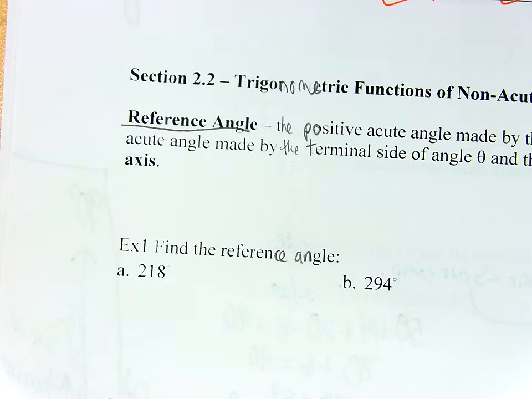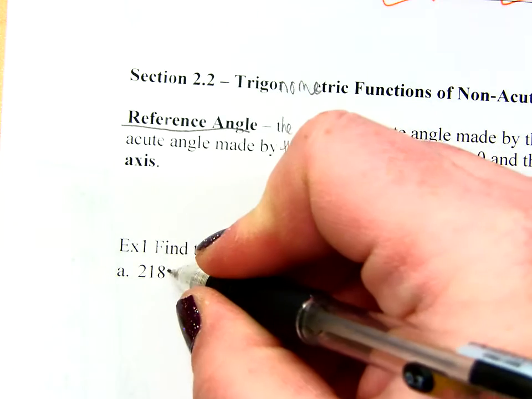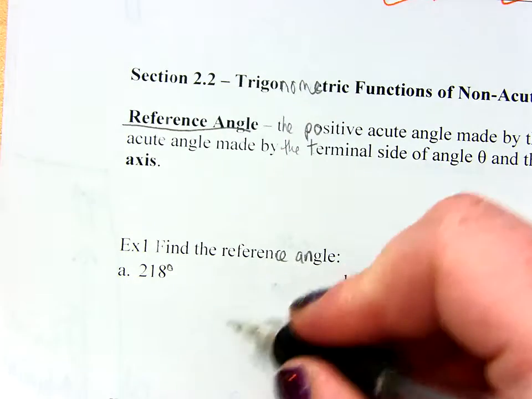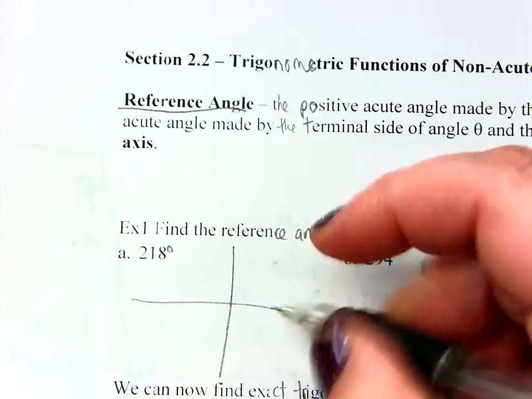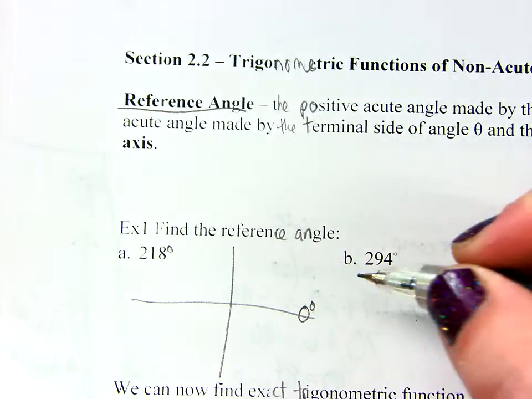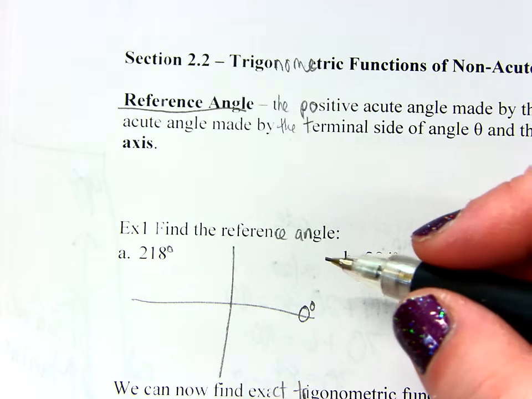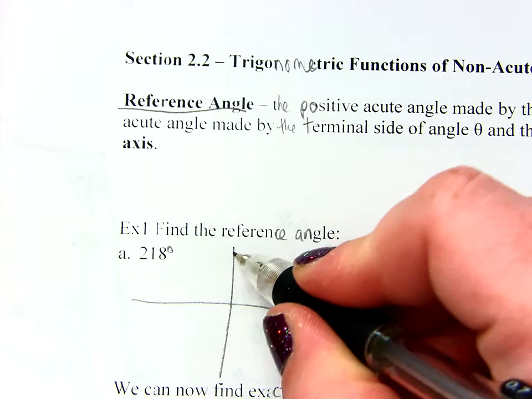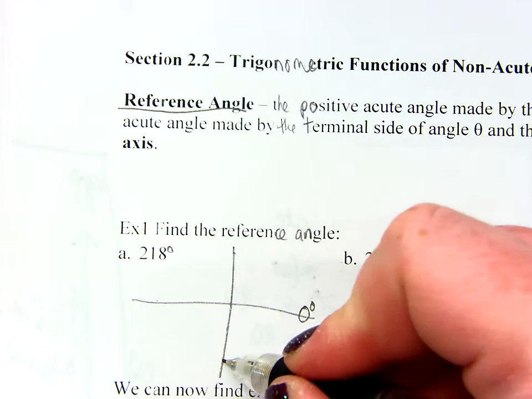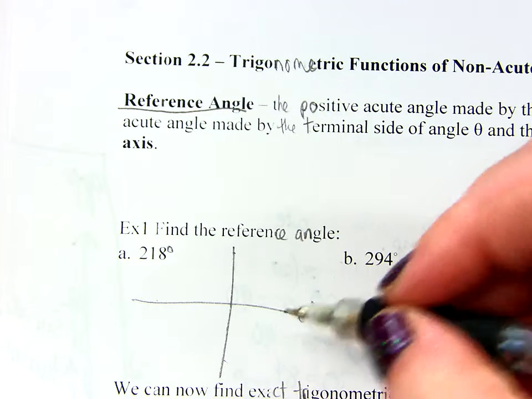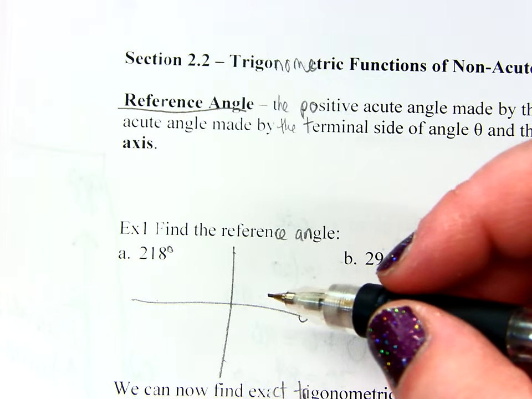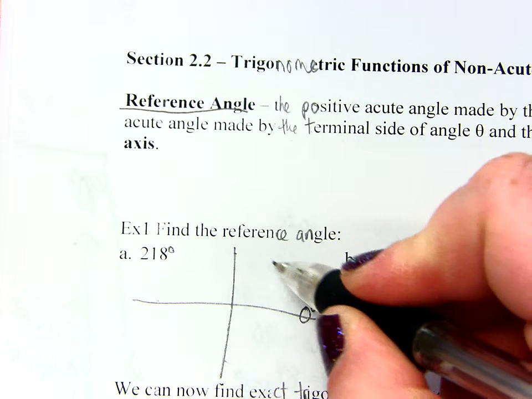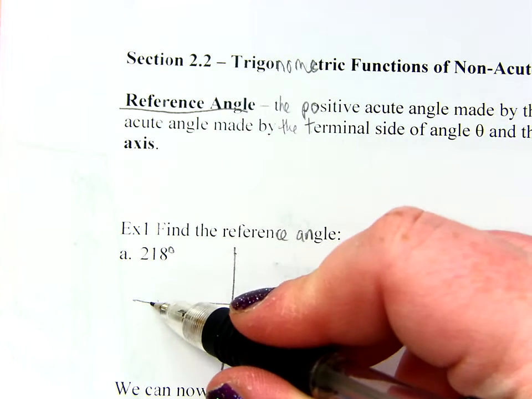So in example 1, it says find the reference angle for 218 degrees. So here's what I like to do. First, I draw myself a set of axes. Remember that 0 degrees is always the positive x-axis. And then we go around, that would be 90, that would be 180, that would be 270, and so on. So if I was going to draw a 218 degree angle, you always go counterclockwise, right? So here's 90, here's 180.